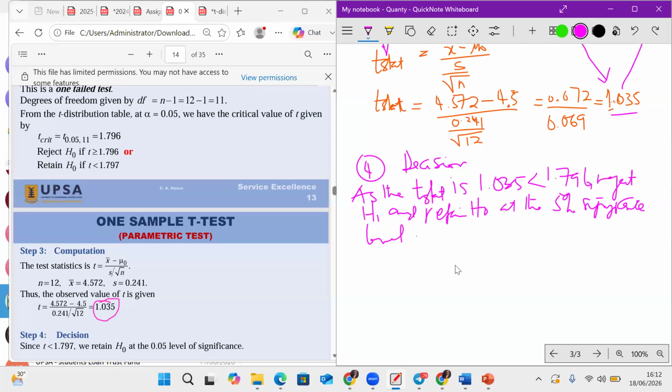Are you good? Then we go to step 5. What is step 5? Conclusion. What is the conclusion? We can say that at the, now watch. Between the H1 and the H naught, which one are we rejecting?